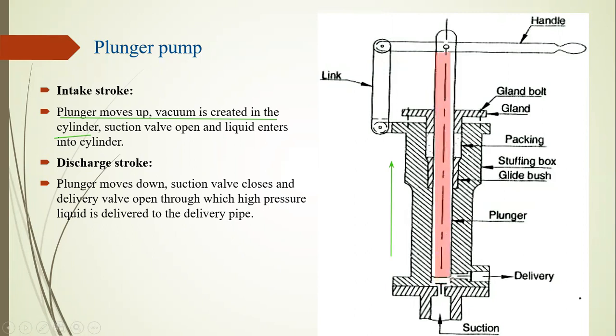And here is the very minor volume of the cylinder, called the minor volume of the cylinder. That's the working of the plunger pump. It receives a very low volume of water and discharges a very low volume of water, but it gives very high pressure to this flow.